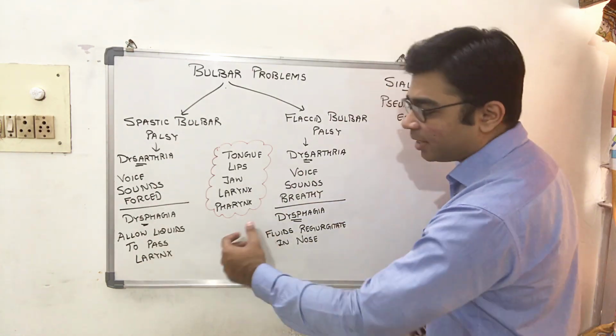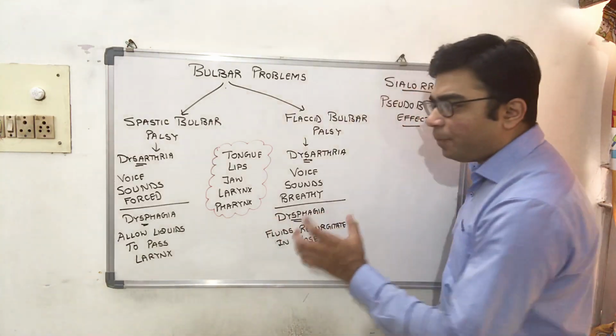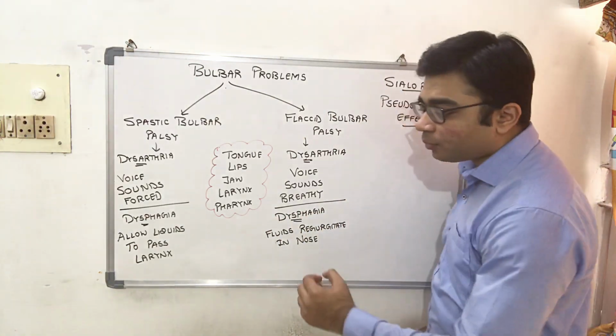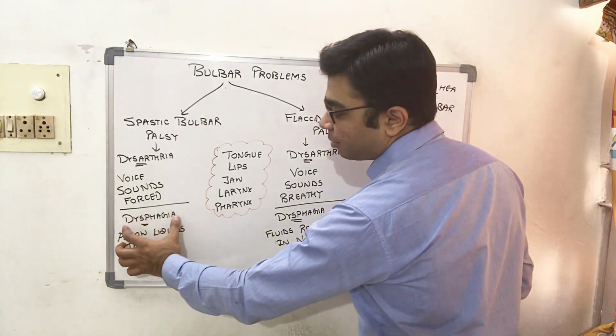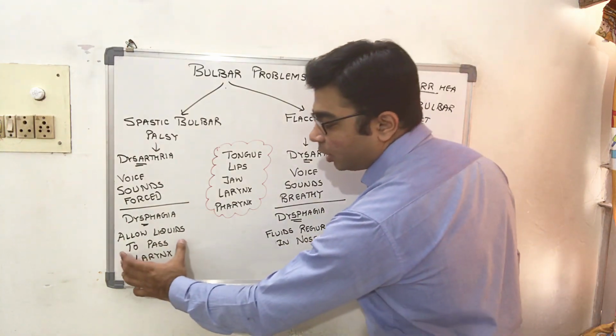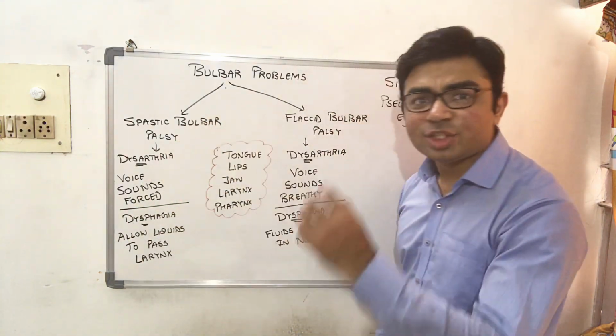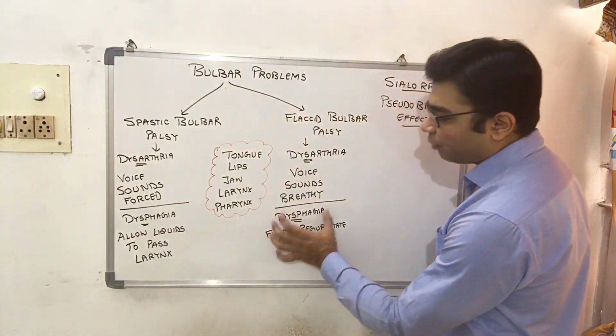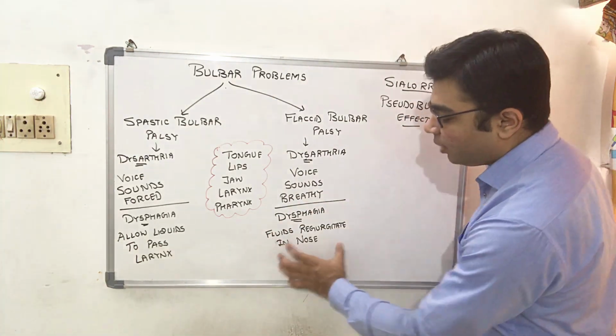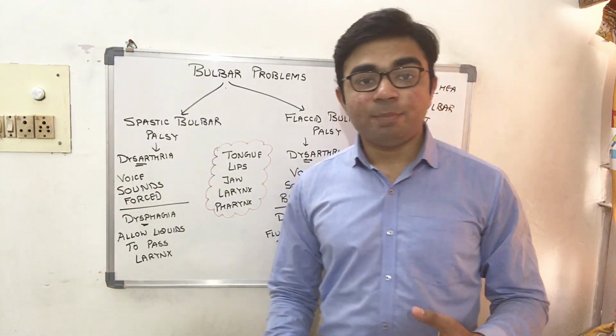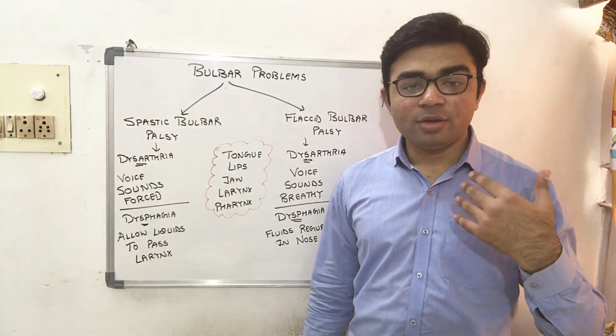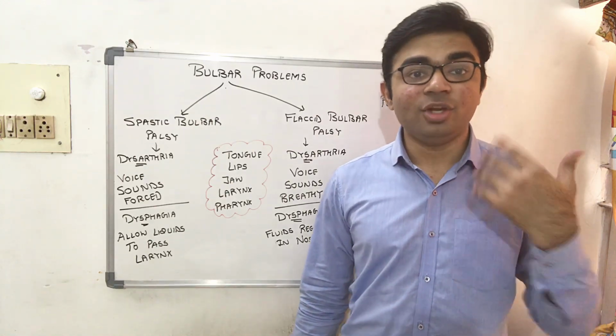Next symptom is dysphagia, that is impaired chewing or swallowing. In spastic bulbar palsy, liquid passes through the larynx very easily, and in flaccidity, fluids may regurgitate upwards and the patient may regurgitate the fluids into the nose also.